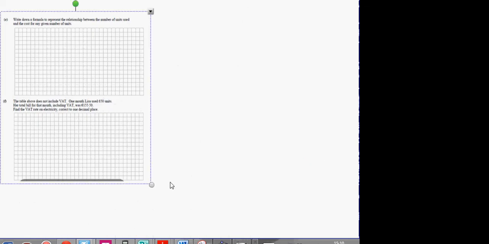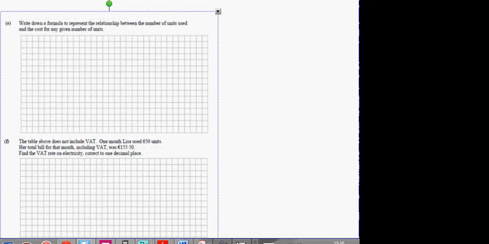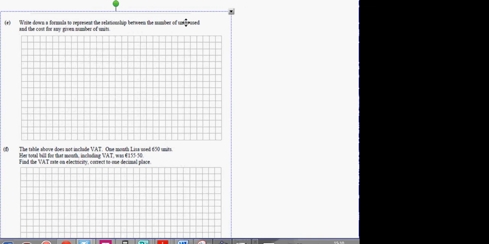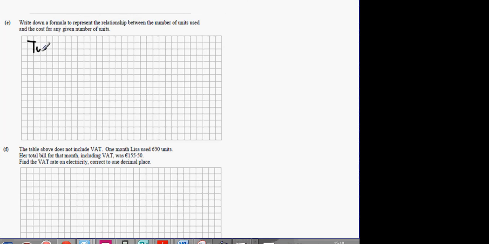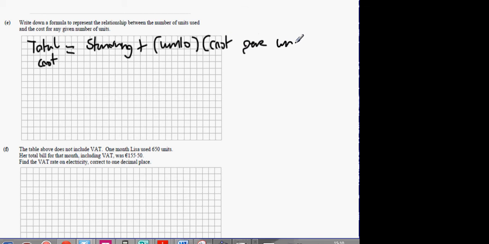Brilliant. Write down a formula to represent the relationship between the number of units used and the cost. What did I say earlier? Total cost equals standing charge plus units multiplied by cost per unit. Now guys, what is the cost per unit?